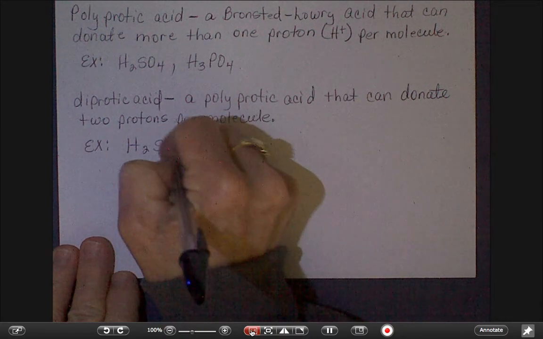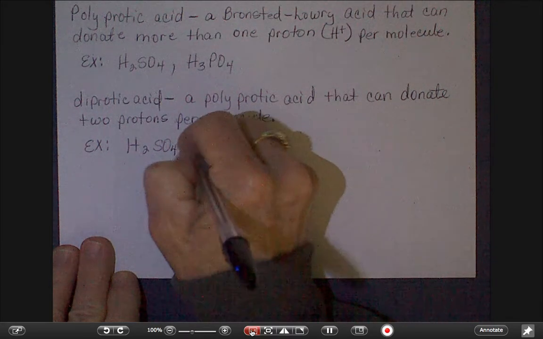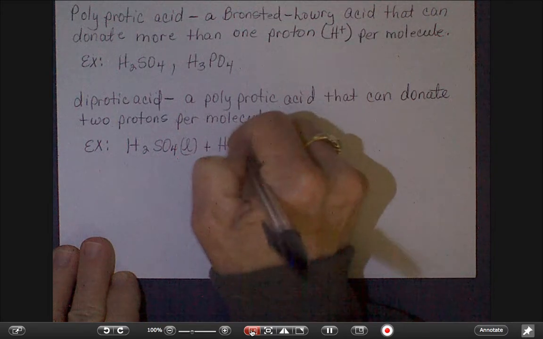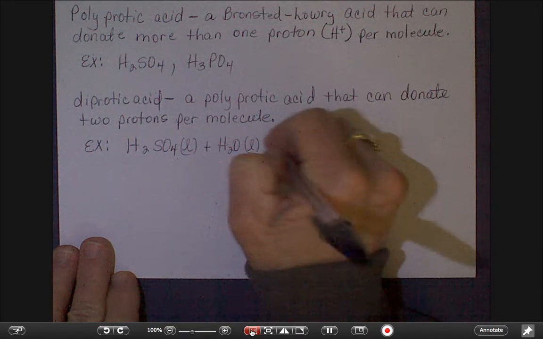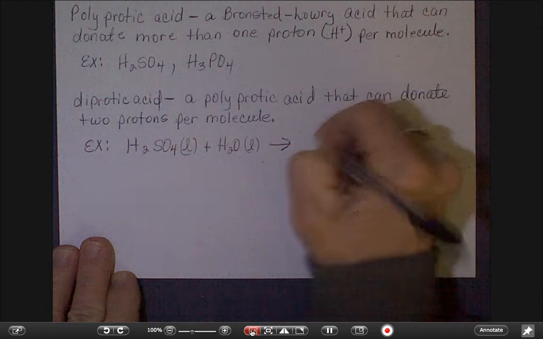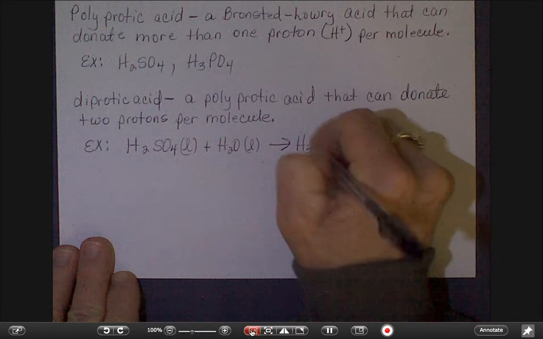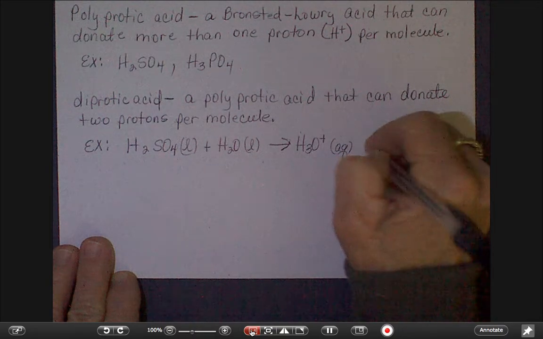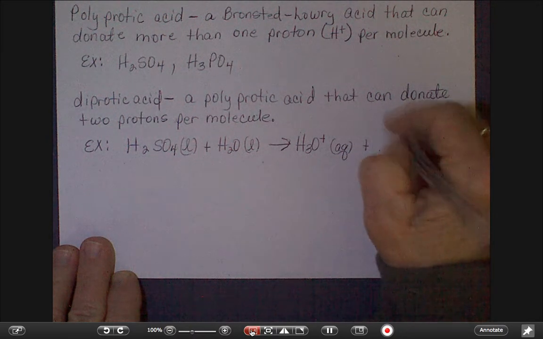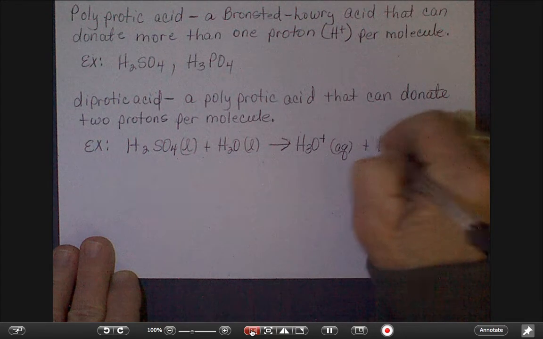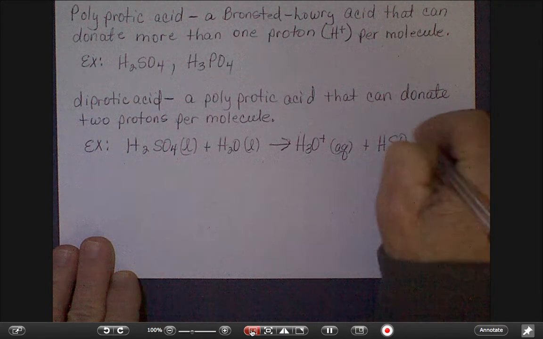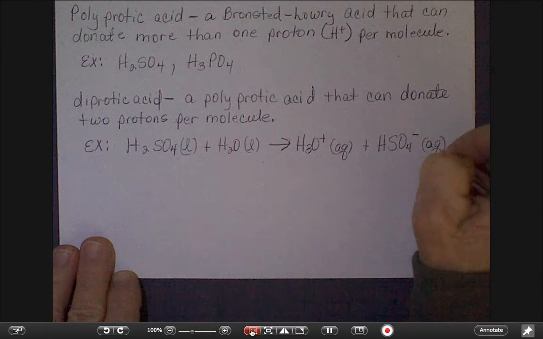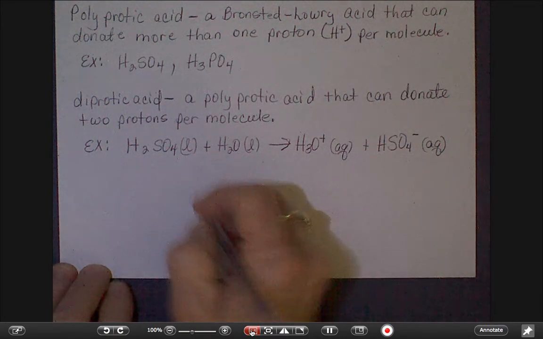H2SO4 liquid plus H2O liquid, H3O plus aqueous plus HSO4 minus. Okay.